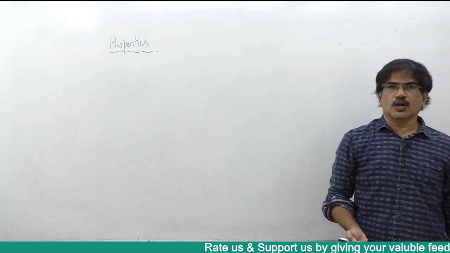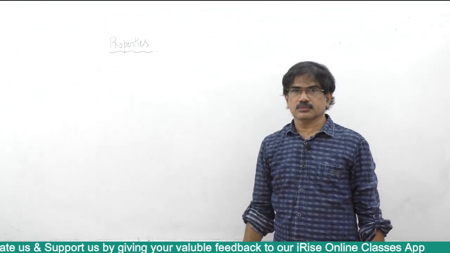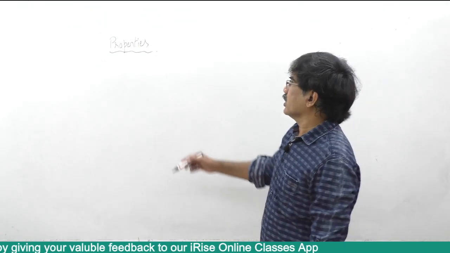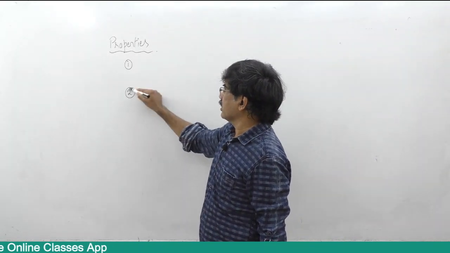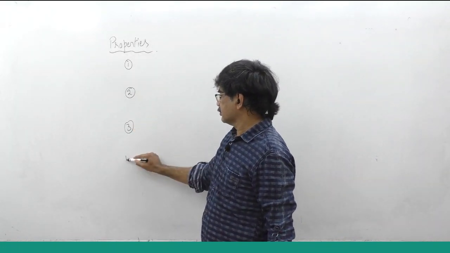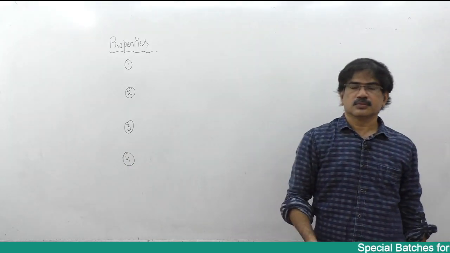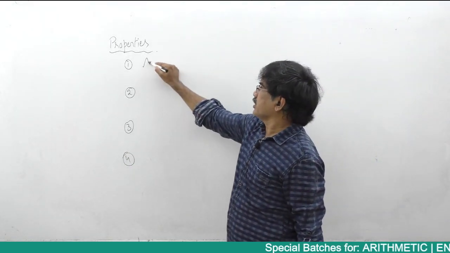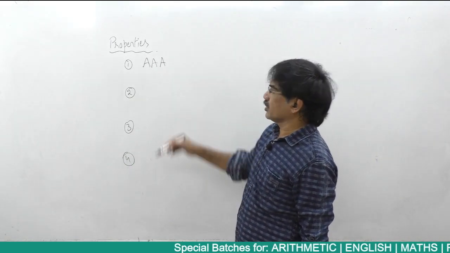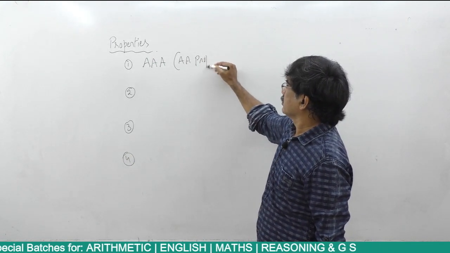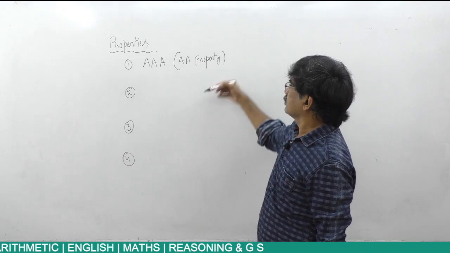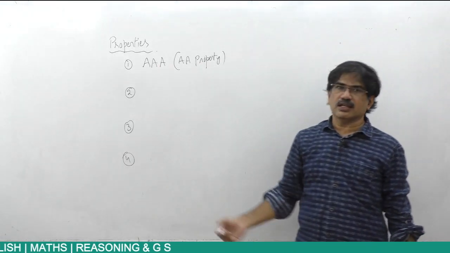Next, how to check whether the triangles are similar or not? There are 4 important basic properties of similarity of triangles. One is the AAA property, or this can also be written as the AA property: angle, angle, angle.